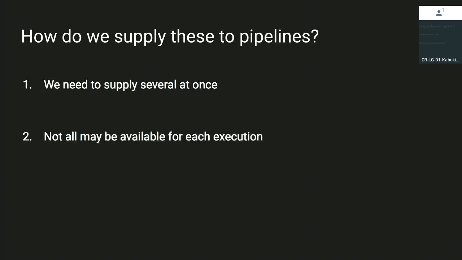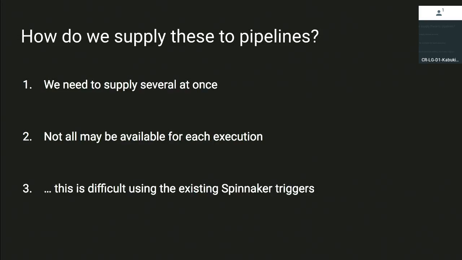But there's also cases where maybe only the Docker image is updated, or maybe only a config map changed, you're doing some sort of a config push, you're using feature flags, or maybe only your manifest changed, and that's the only thing that's available to Spinnaker. And using the existing Spinnaker triggers, this is difficult. So we have to rethink how that relationship works.